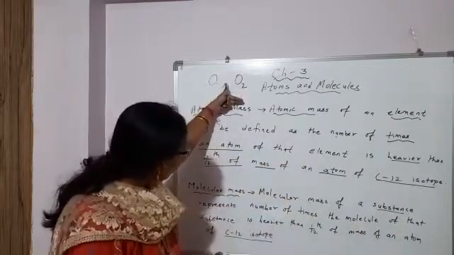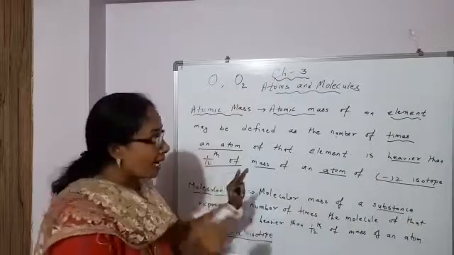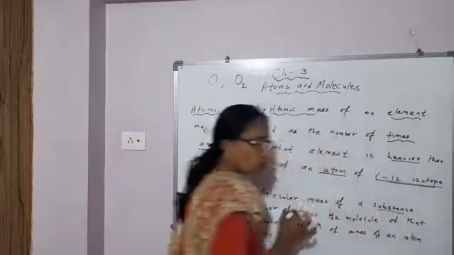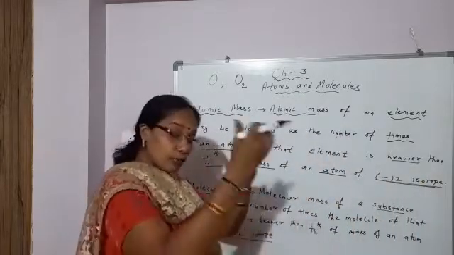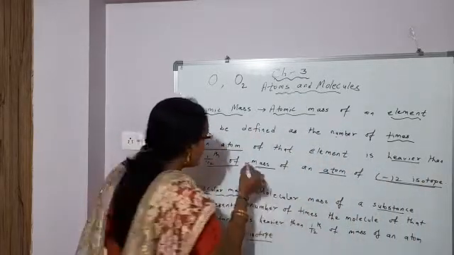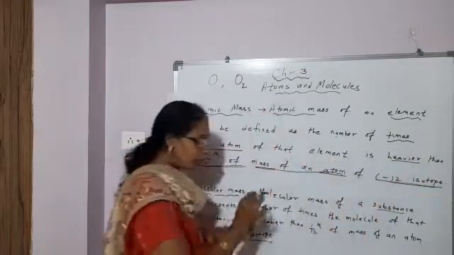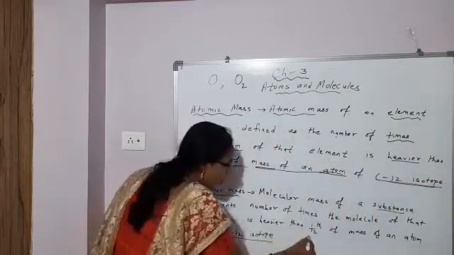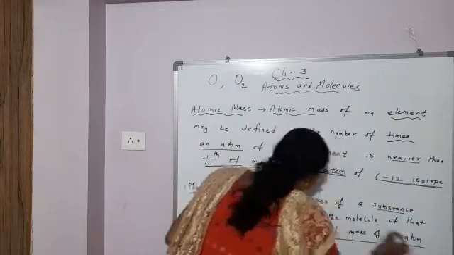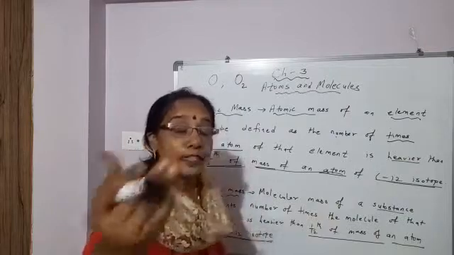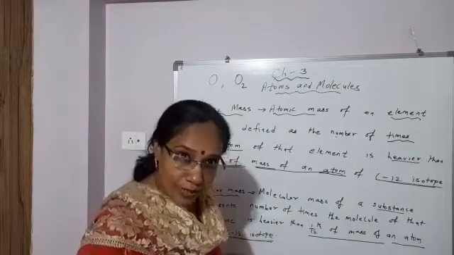So to find out the atomic mass and molecular mass, the standard element taken is carbon, whose mass number is 12, carbon 12 isotope. How much part? 1/12 of the mass of an atom of carbon 12 isotope. Here also 1/12 of the mass of an atom of carbon 12 isotope is taken as standard, and it is taken to be 1 unit on atomic scale.